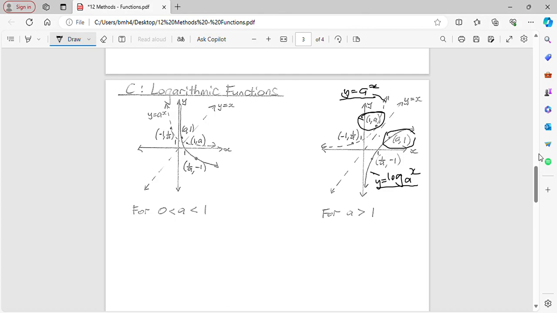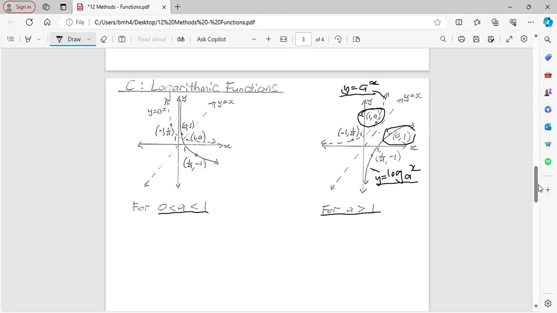So this is the case where a is greater than 1, where you've got the growth model. And this is the case where a lies between 0 and 1, where you've got the decay model. So in both cases, as you can see, the log graph is the inverse, and it's reflected in this line y equals x.